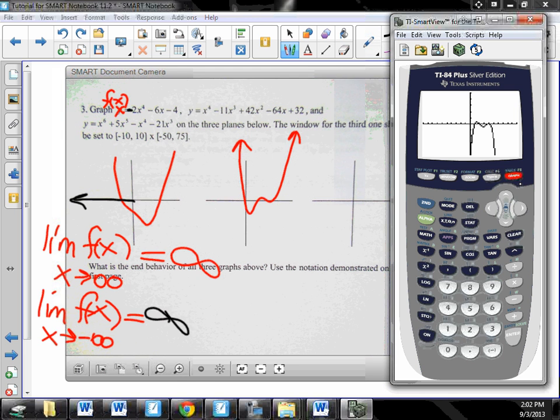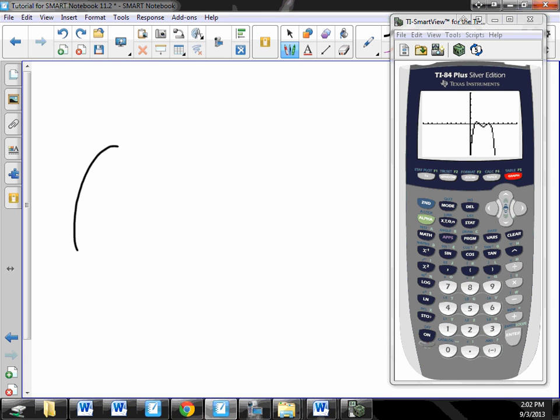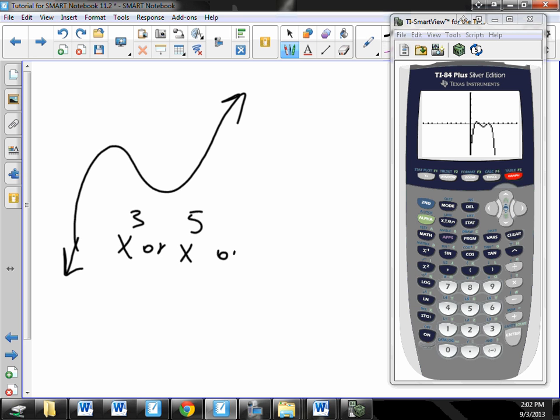So in general, what type of equation would that be? Odd. It could be x to the third, or x to the fifth, or x to the seventh, and so on. Okay? What type of graph would that be?